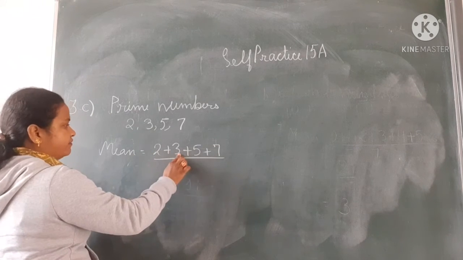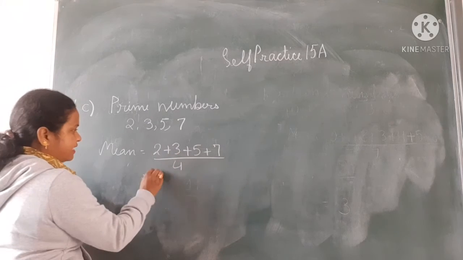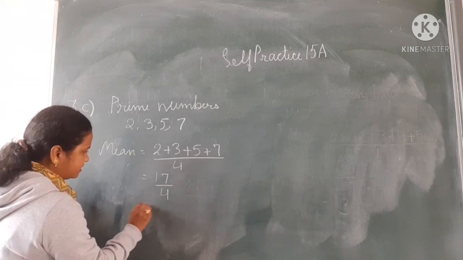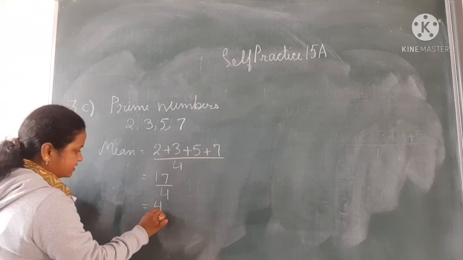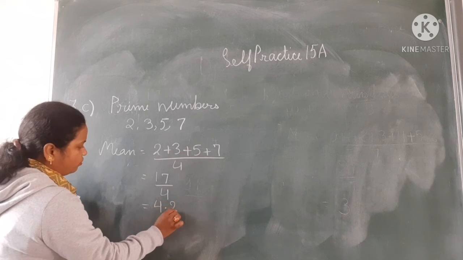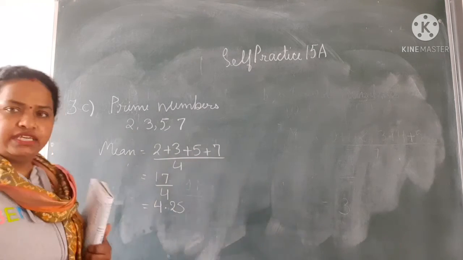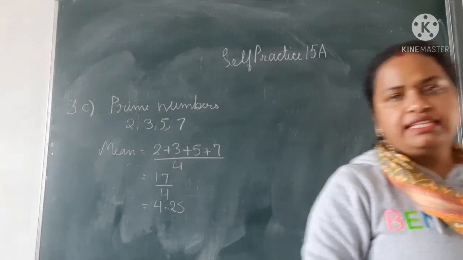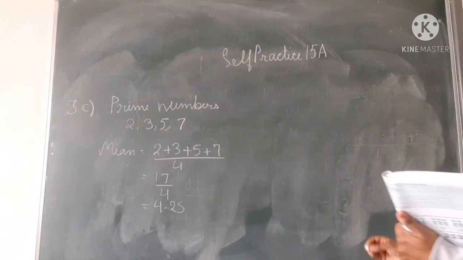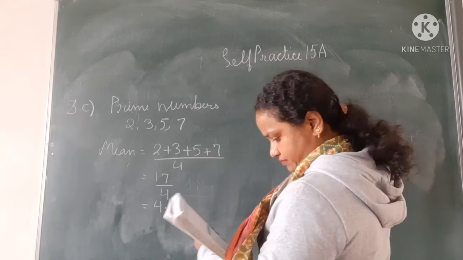So 5 plus 5, 10, 10 plus 7, 17 upon 4, that is 4, 4 is 16, 4.25 will be the mean. Okay, what will be the mean here? 4.25.